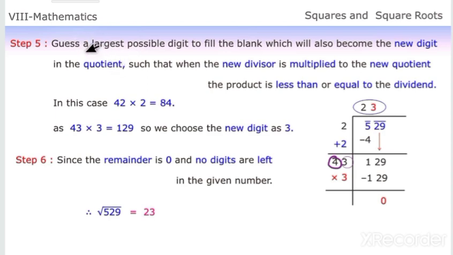The blank is next to the 4. Suppose we choose 1 here, we put that 1 in the quotient place.